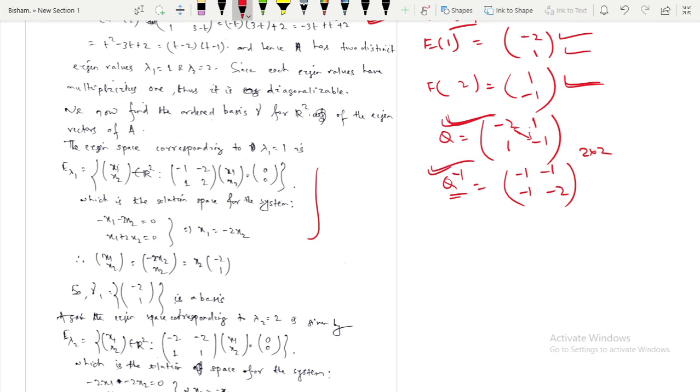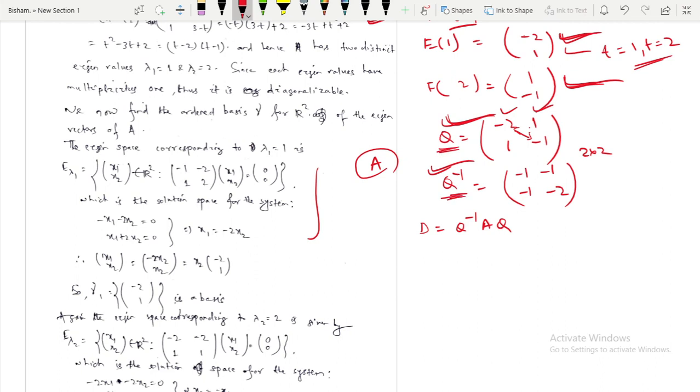Then what is the diagonal matrix associated with this matrix A? This is Q inverse AQ, because we already know it has two different eigenvalues, t equal to 1, t equal to 2, and for each eigenvalue we find its corresponding eigenvector. If you write these eigenvectors in each column, let this be the matrix Q, then find Q inverse.